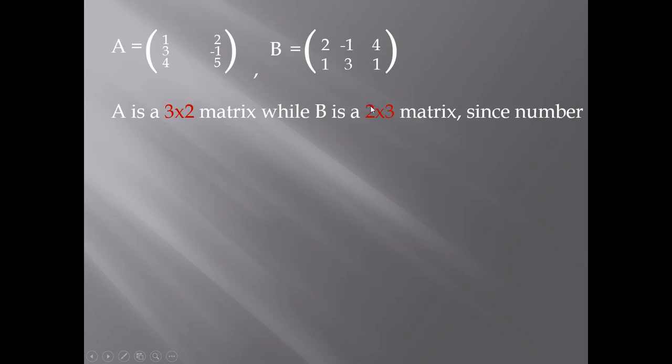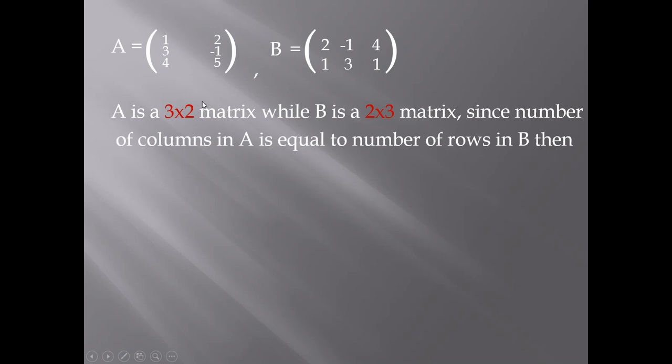That is the condition. As long as these figures are the same, it means that the matrices can multiply. So 2 columns in the first matrix and 2 rows in the second matrix. So multiplication is very possible, since the number of columns in A, which is 2, is equal to the number of rows in B, which is also 2.